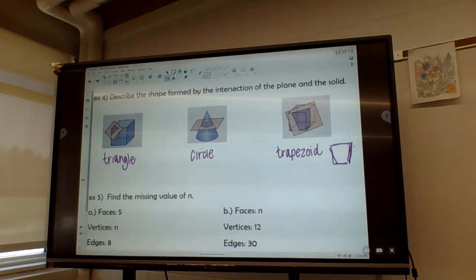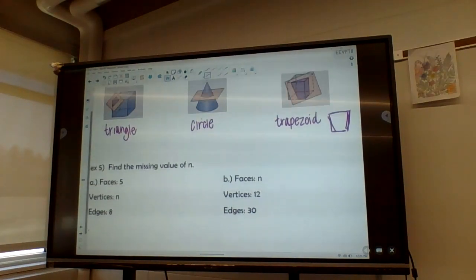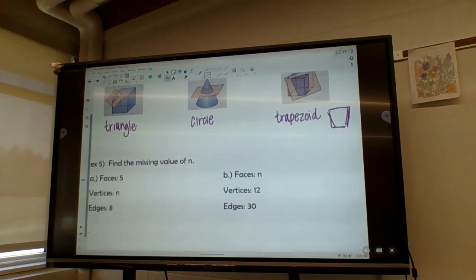The last questions they're asking us to do is find the missing value. They're using the formula that we learned, the faces and sides formula, F plus V equals E plus 2. So this just becomes an easy algebra problem where they're not giving us all the information.